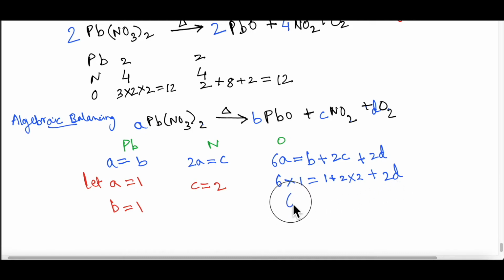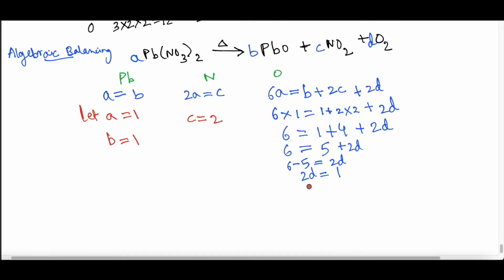So this is 6 is equal to 1 plus 4 plus 2D. Now this is a simple mathematical equation. 6 is equal to 1 plus 4 is 5 plus 2D. 6 minus 5 is equal to 2D. 2D is equal to 1. Therefore, D is equal to 1 by 2. This way we have got all the values of the alphabets.